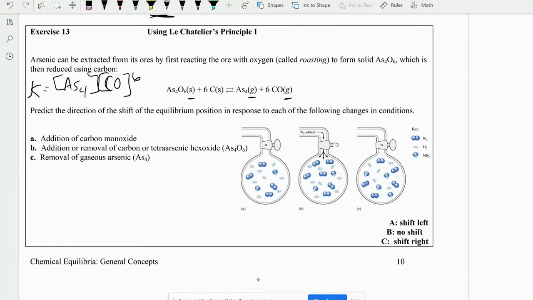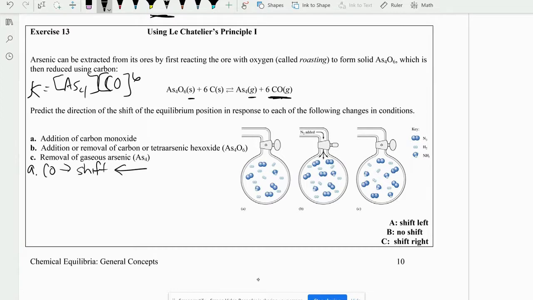What do you think would happen if we added more of that CO to this reaction? Adding more CO, carbon monoxide, is going to cause it to shift left. That's right, I'm adding more of this stuff.